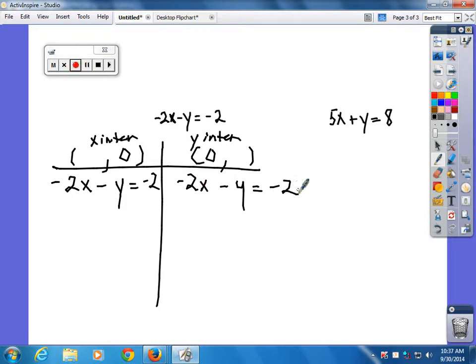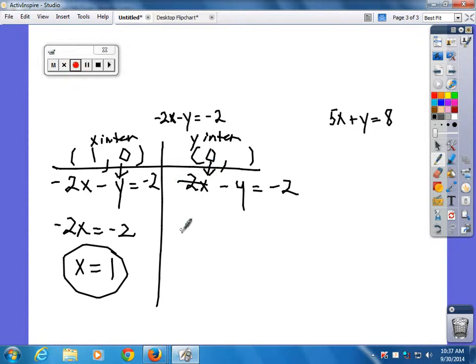I told y'all to put the y right up under this, and that goes to 0, so you get 2x is equal to negative 2, and x is equal to what? Negative 1. And here, you plug in 0 for x, that goes out, you get negative y is equal to negative 2, and y is equal to what? 2. So there's your 2 points there.